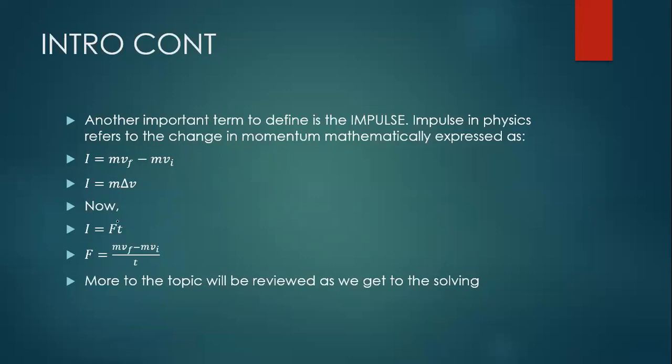This impulse is when a force applies to an object at a given time. It will accelerate, it will change the velocity. Change in velocity means acceleration. So if you apply a force at a given time, velocity will change, and then you have what we are calling impulse.